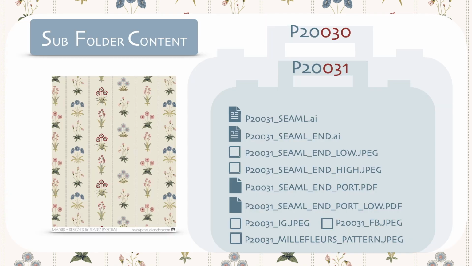So this is how our subfolder content would look according to my recommendations for your file classification. The important thing here is that everything related to a single pattern is in place, and at a quick glance you will know exactly which file is each one of them and what is their final purpose.